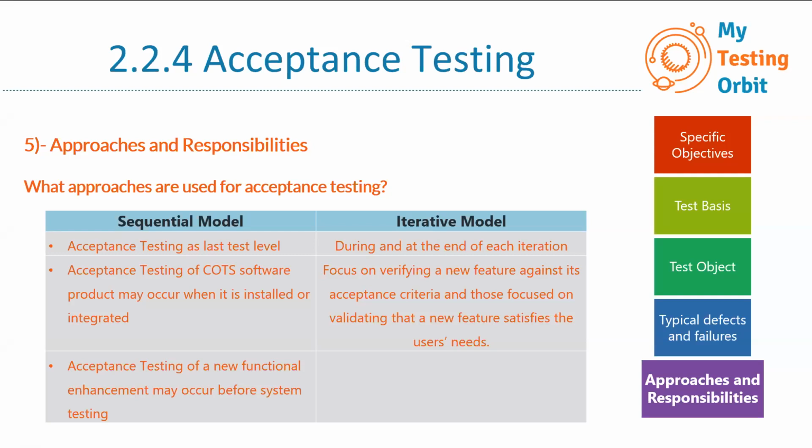Now the scenario we are talking about is that there is some enhancement in that system, maybe one new feature is being added. In this case, acceptance testing of a new functional enhancement may occur before system testing.